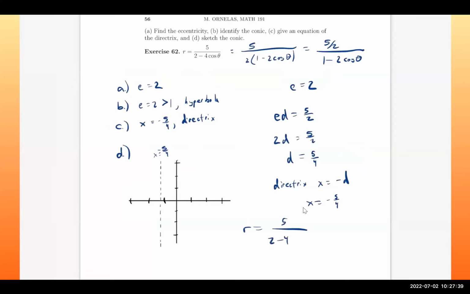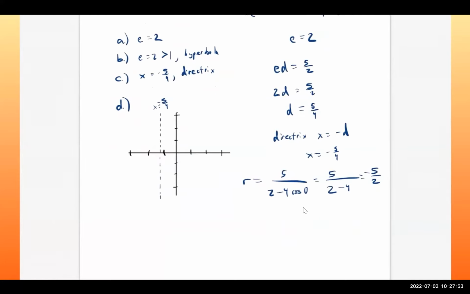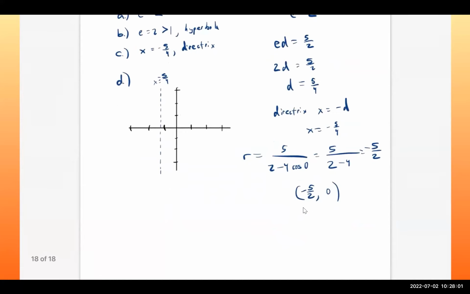So if you plug in 0 into the original equation, you're going to get, for theta, r equals 5/2 minus 4 cosine 0. Cosine of 0 is 1. So that's going to be 5/2 minus 4, which is negative 5/2. All right, so for the angle 0, we get negative 5/2.